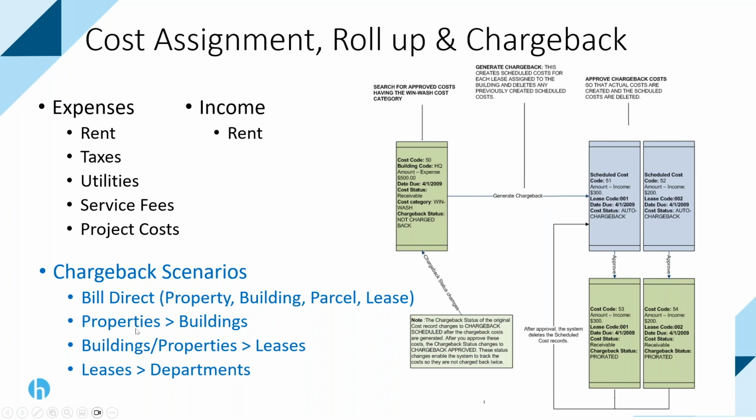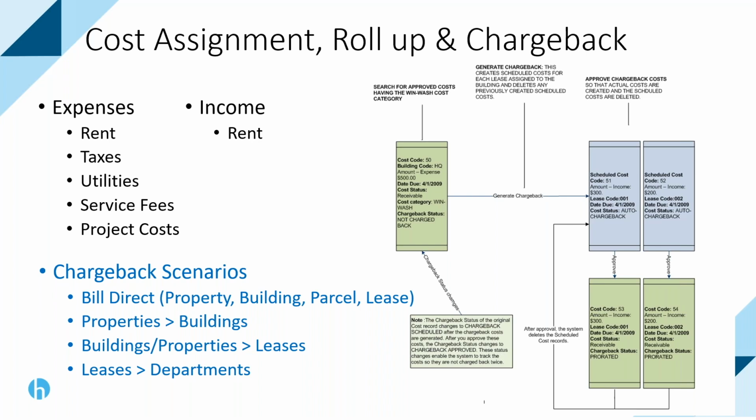One is to roll up or assign all of the expenses to the land or the property that the buildings are on, and then divvy them up amongst the buildings to identify which buildings are more costly than others. The second option is to assign your expenses or roll them to the properties and then divide them up amongst the leases that are leasing out that property and buildings. And then the last is usually, for example, for a leased property, you can assign the leases and divide them up amongst the departments, your internal departments that are associated with those leases.